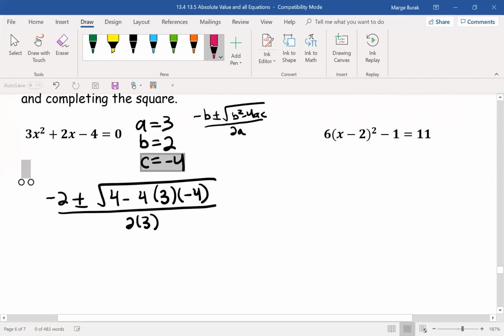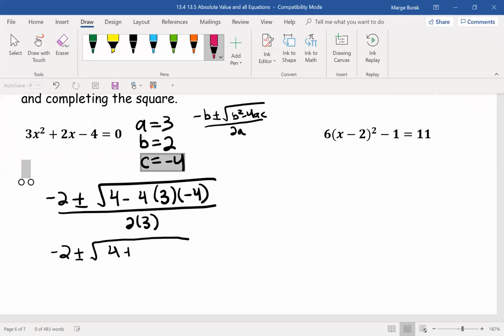Okay, so that gives us negative 2 plus or minus. Now, the discriminant, which is what's underneath this radical, is going to be 4 plus, because it's a minus minus, 12 times 4, which is 48. And that's going to be 6 below us. So we have negative 2 plus or minus the square root of 48 plus 4, which is 52.